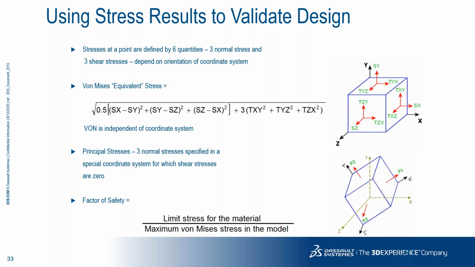You can compare with the engineering stress or design stress also. Von Mises is considered because it is an equivalent stress, which considers all the normal stresses and shear stresses, and it is also possible to include the principal stresses if you want, for comparing whether your product fails or not.